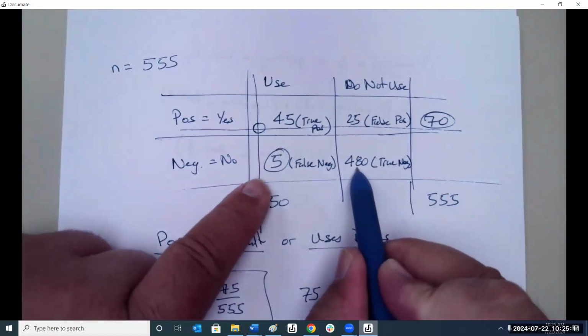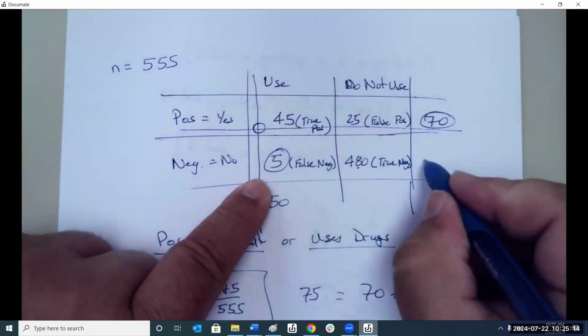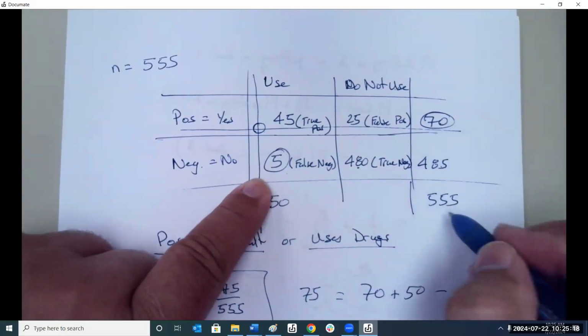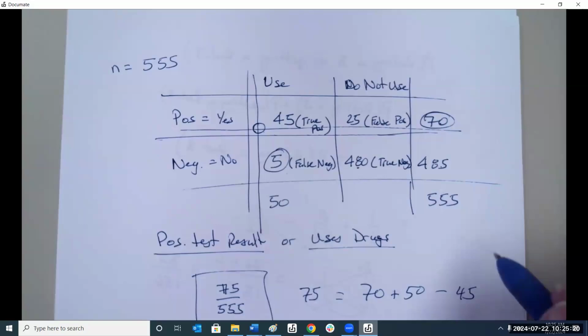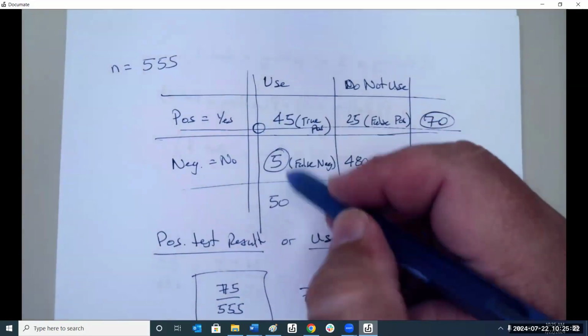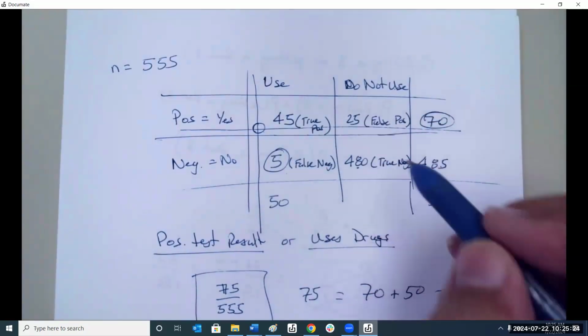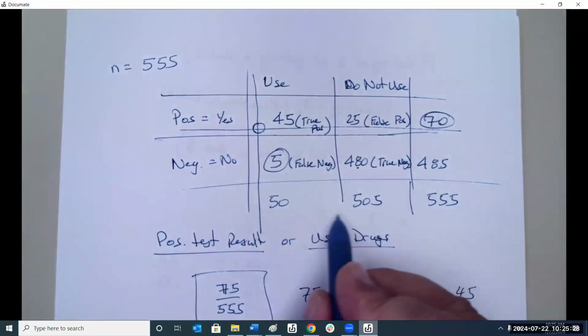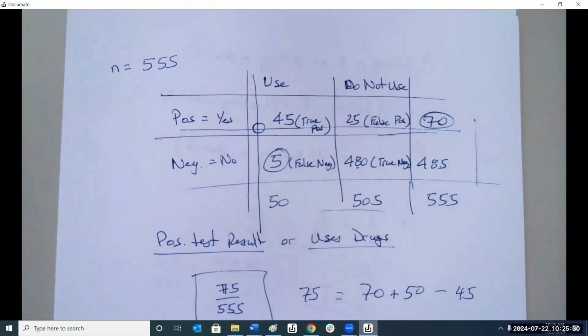If we took 480 plus 5, we got 485. 485 plus 70 is 555. Then look at the columns. 45 plus 5 is 50. 25 plus 480 is 505. Add those together, you get 555. So that's how we build a chart like this.